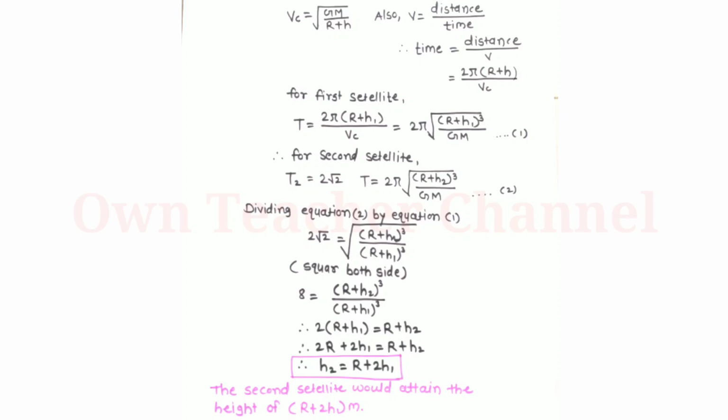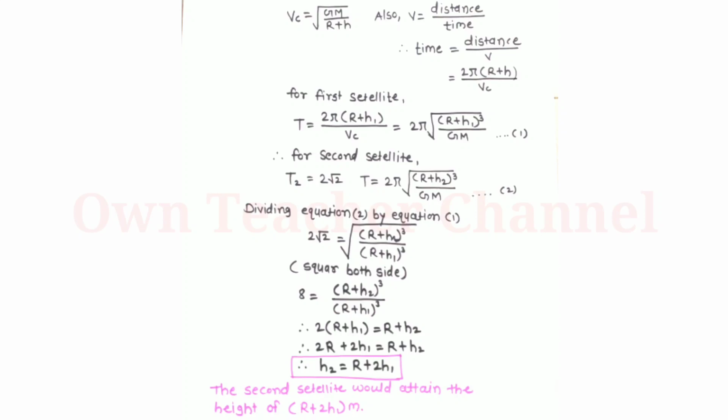For the second satellite, T2 is equal to 2 root 2 T. So we will keep here T2 is equal to 2 pi root r plus h2 bracket cube upon GM.